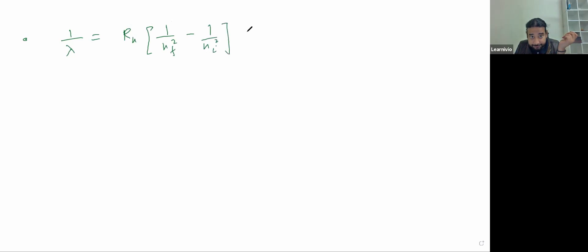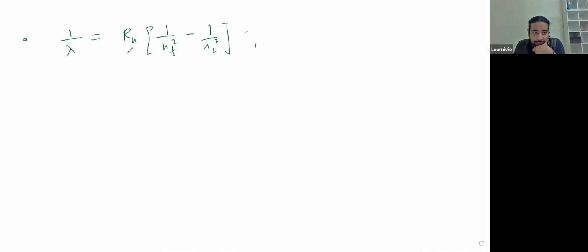So for example, when we calculated 1 by lambda in terms of RH, we figured out 1 by lambda is just RH times 1 by NF squared minus 1 by NI squared, right? Now, there's no Z here. How do I know where the Z comes?